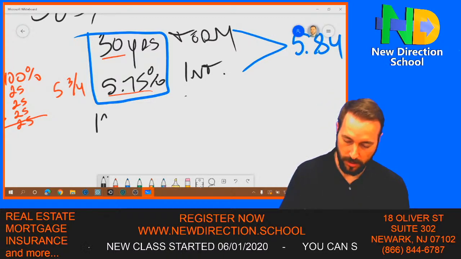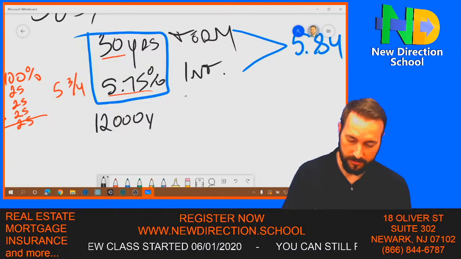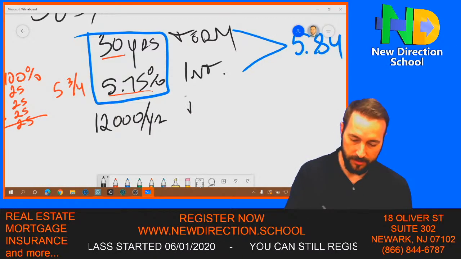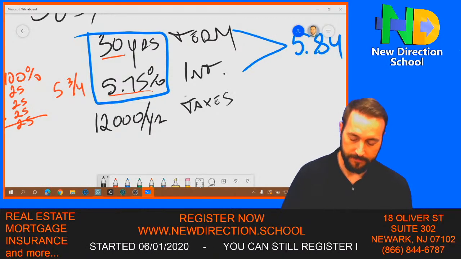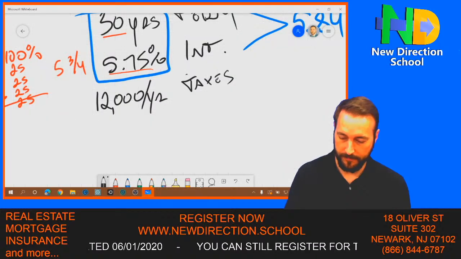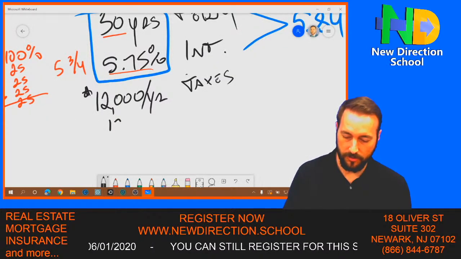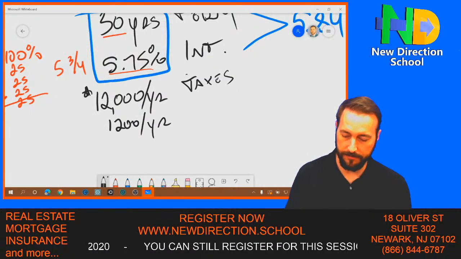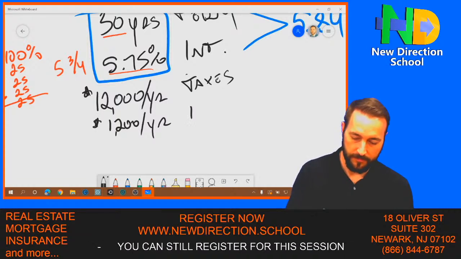And then we have $12,000 per year. These are your taxes, right? And $1,200 a year insurance.